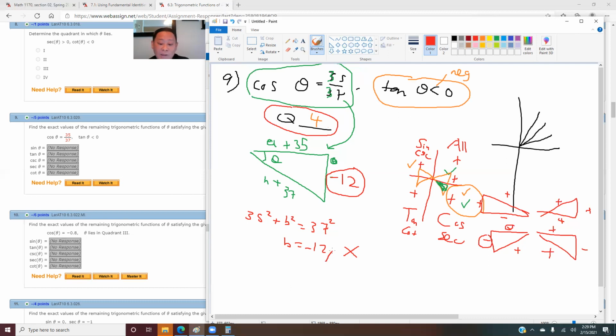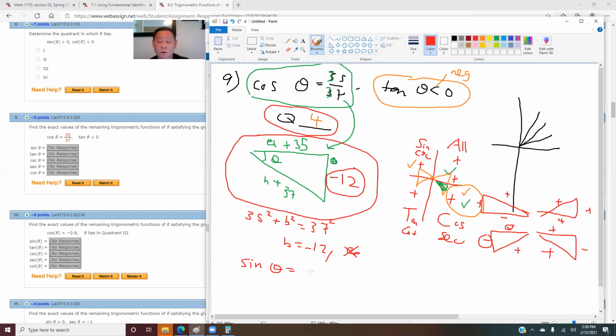So negative 12 is correct. Now with this, you can find sine theta, right? Yes, you can, with 35 and negative 12. What is sine theta here? Sine is adjacent over hypotenuse?